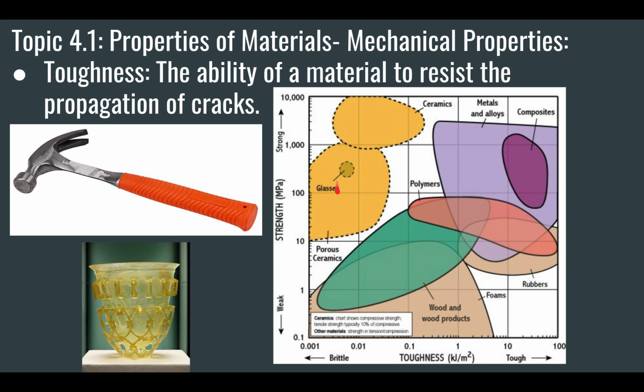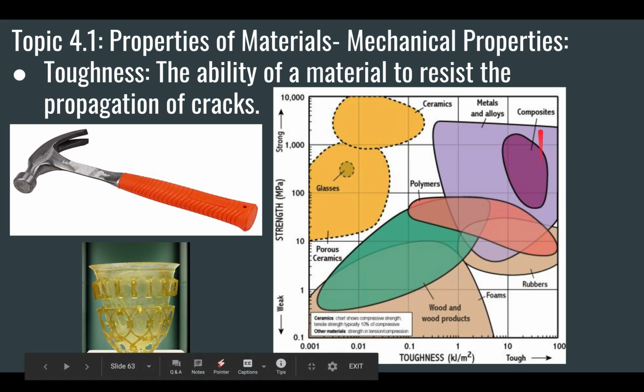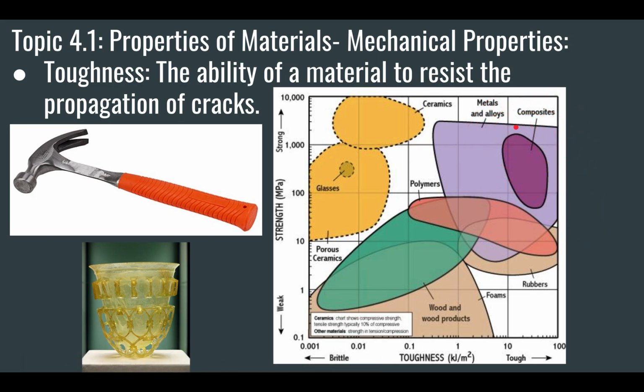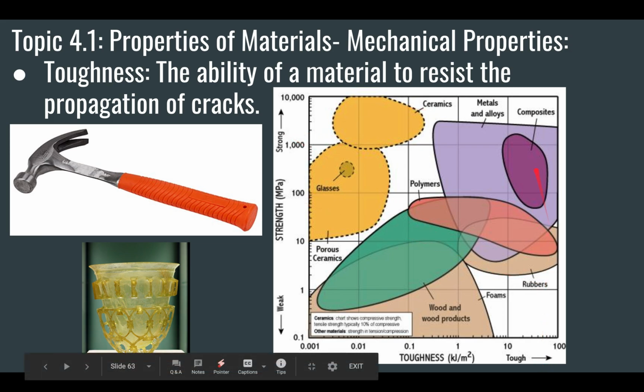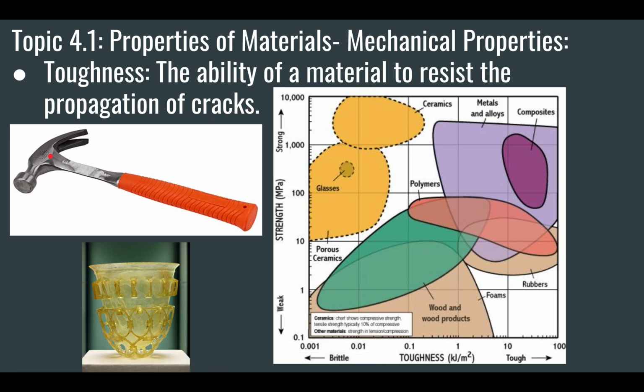Basically, you can see that the things that are toughest are at the top right-hand corner of this graph. They're both strong, they can resist a lot of pressure, and they're tough in the sense that they won't allow cracks to form. For instance, a hammer.